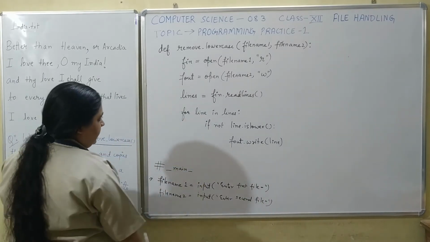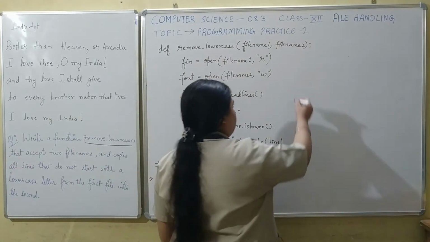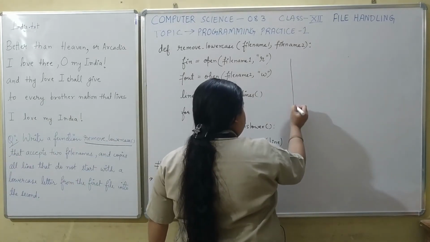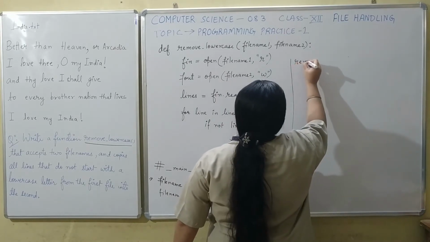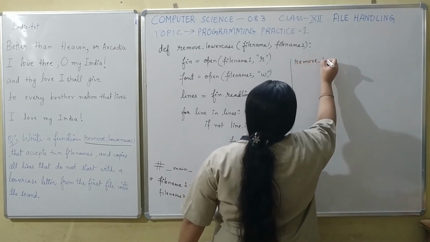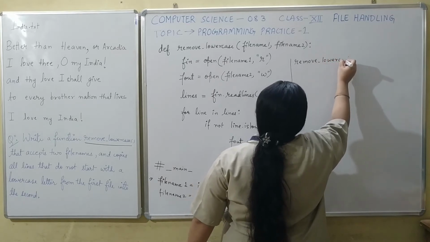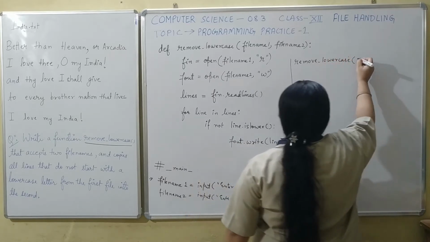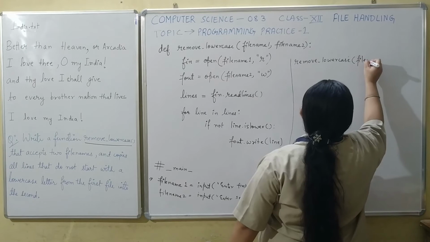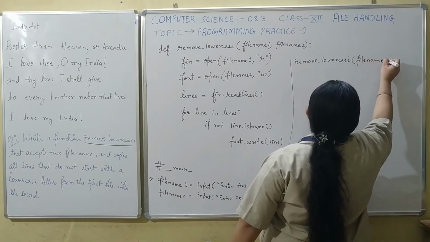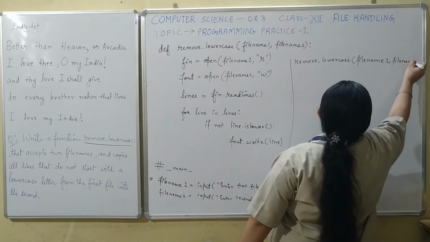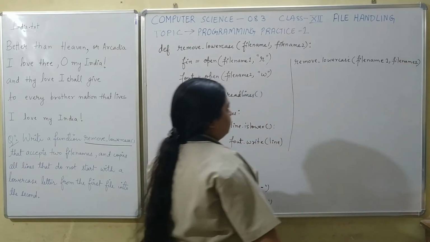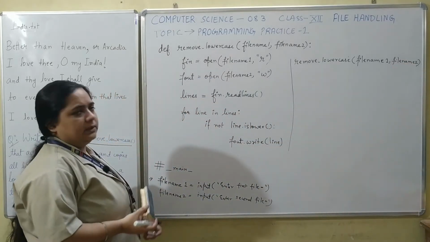And at the end we are going to run the program. So I'm going to write the statement over here: remove lowercase, file name 1, comma file name 2, and our program ends over here.